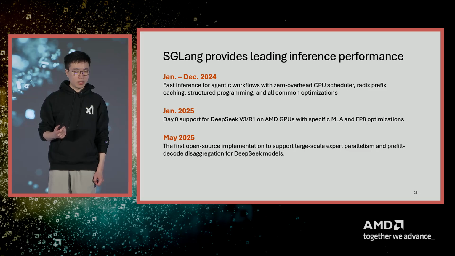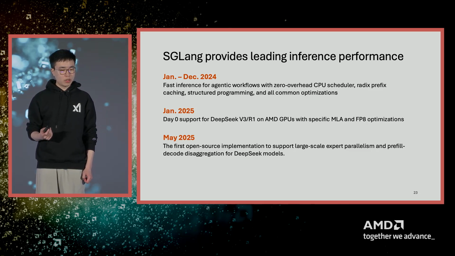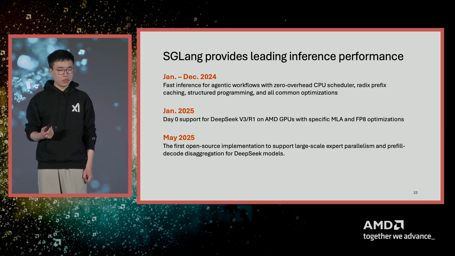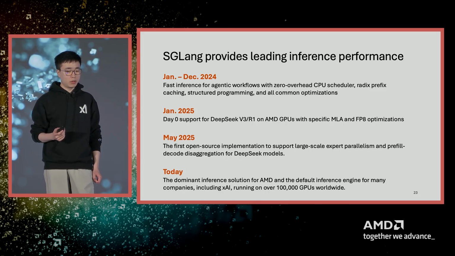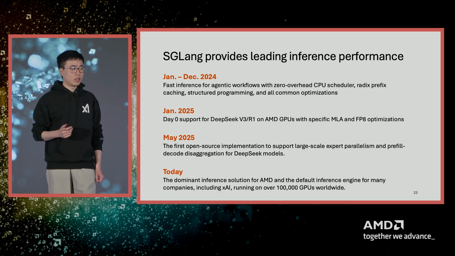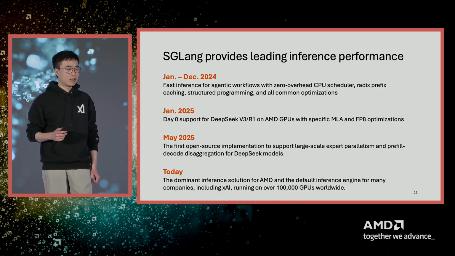And this is the first real large-scale open source implementation running on over 100 GPUs. Today, SGLang has become one of the dominant solutions for inference on AMD GPUs, and it's the default inference engine for many companies running over 100K GPUs worldwide, from XAI and many other companies.